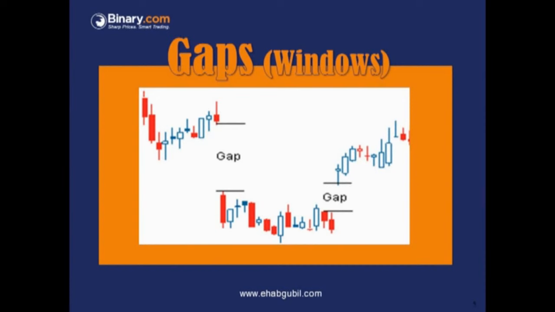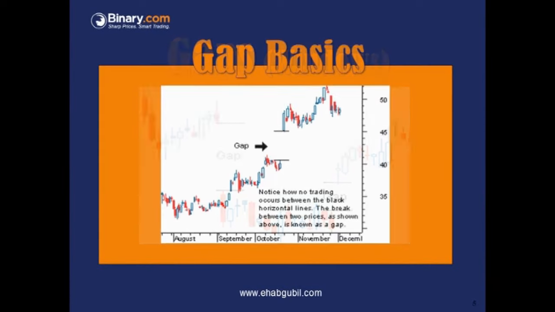Let's start with gap basics. A gap happens as a result of underlying fundamental or technical factors. For example, if a company's earnings are much higher than expected, the company's stock may gap up the next day. This means that the stock price opened higher than it closed the day before, thereby leaving a gap.